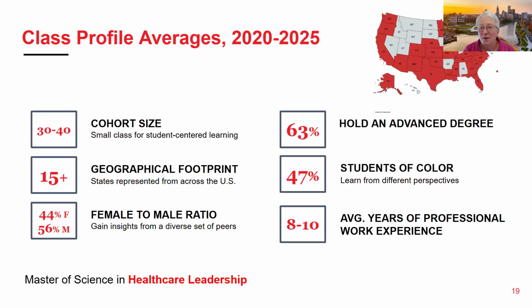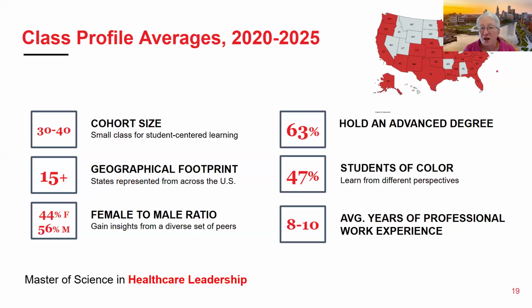So really bring an international flavor to our student cohorts. So on average, each intake, either summer or fall, ranges from about 30 to 40. Generally, each intake represents about 15 different geographic states. So you're engaged with folks who are in healthcare across the United States in different ways.